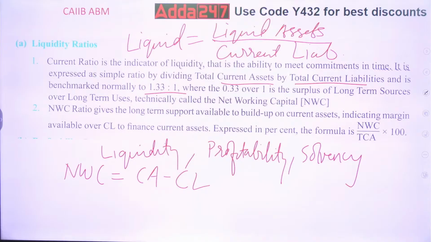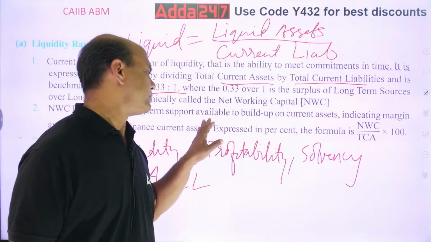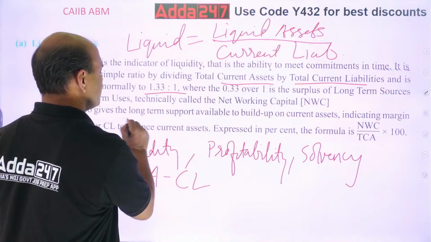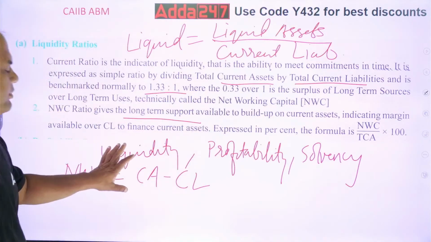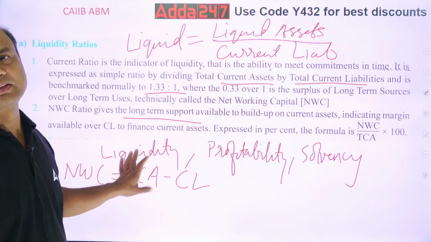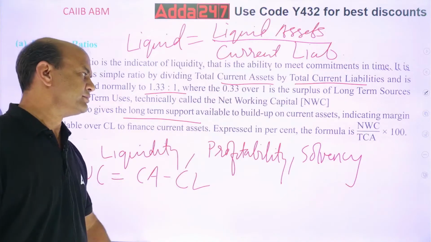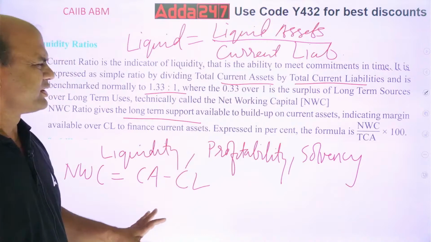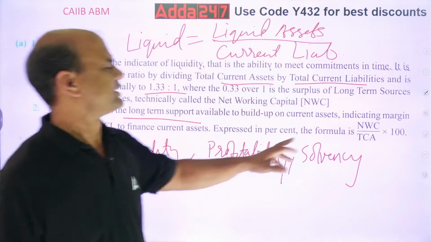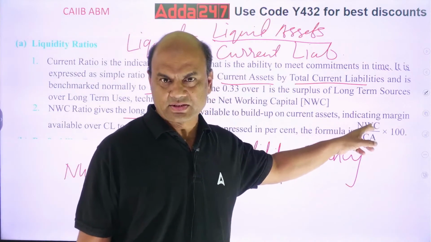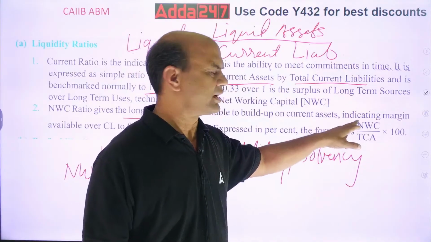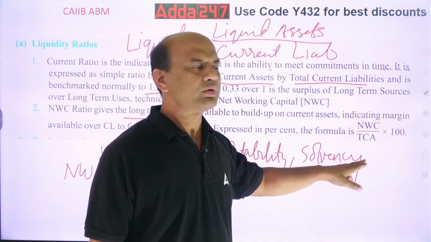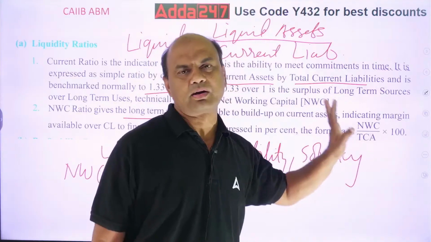So the NWC ratio gives the long-term support: how much more current assets you have compared to the current liabilities. The formula is the difference, current assets minus current liabilities, upon total current assets into 100.